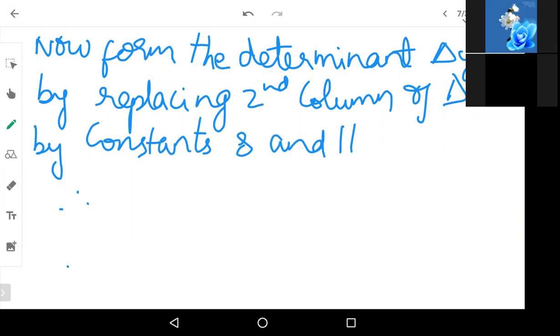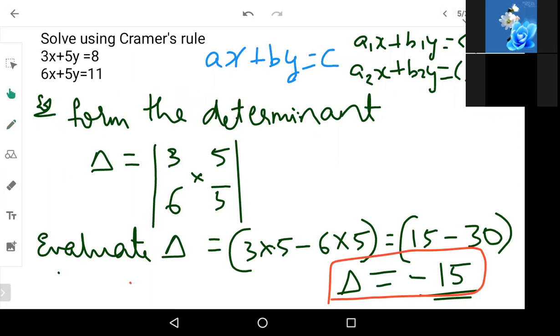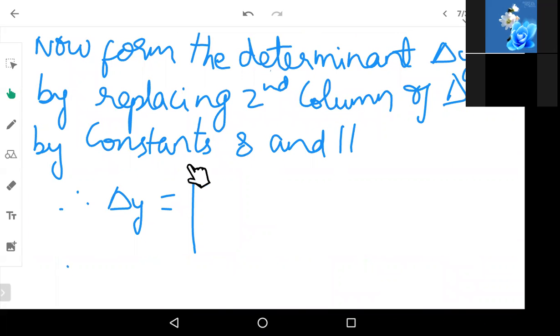So therefore delta y is equal to, now in the place of 5 and 5, we will be having 8 and 11. Okay, so 3 and 6 will be there. So we'll have 3, 6, 8 and 11. Okay, delta y is also minus 15.